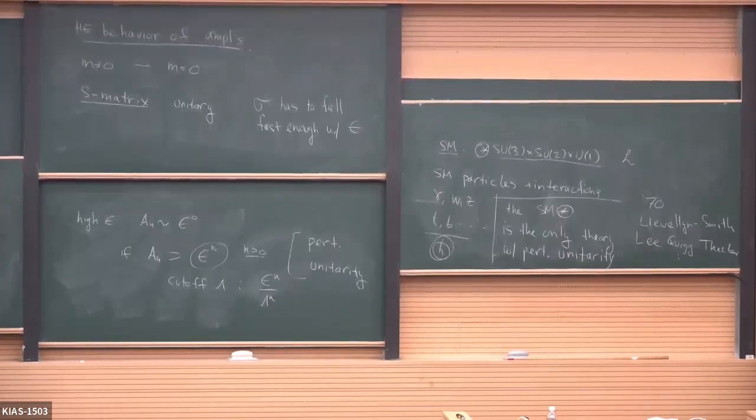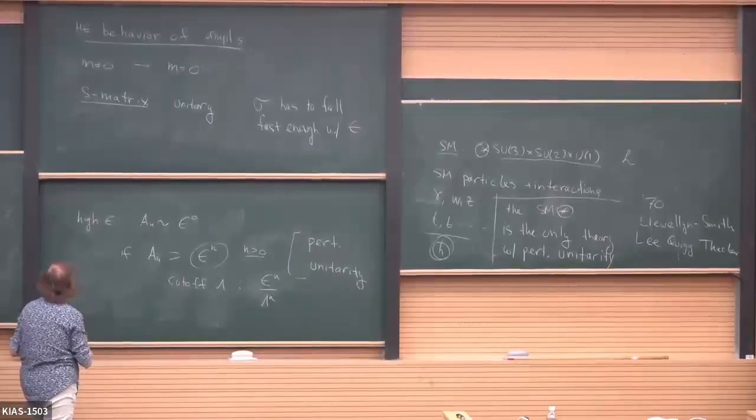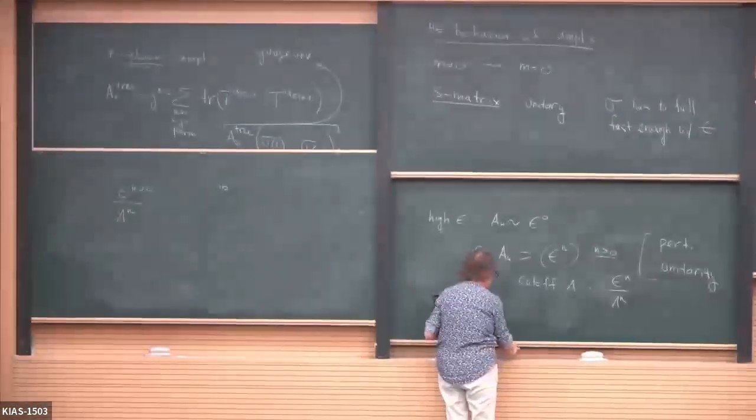So just like we said before, anytime we have some E to the n behavior, where this n is larger than 0, it should come with the appropriate power of lambda, where lambda is the cutoff of the theory. Okay, so this is going to be the big picture of what we can expect to see. And now let's start to see that.